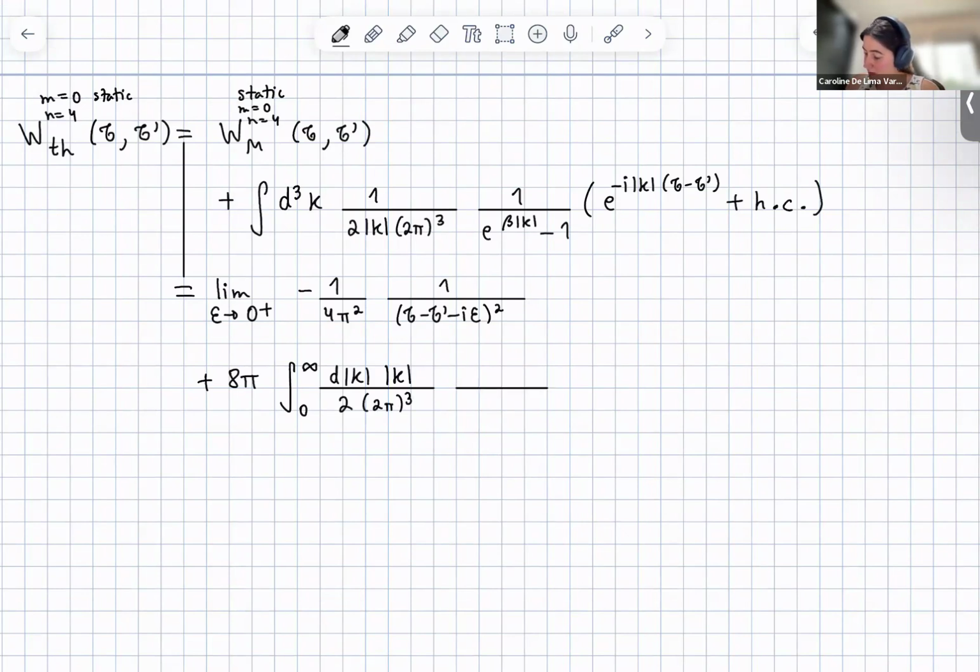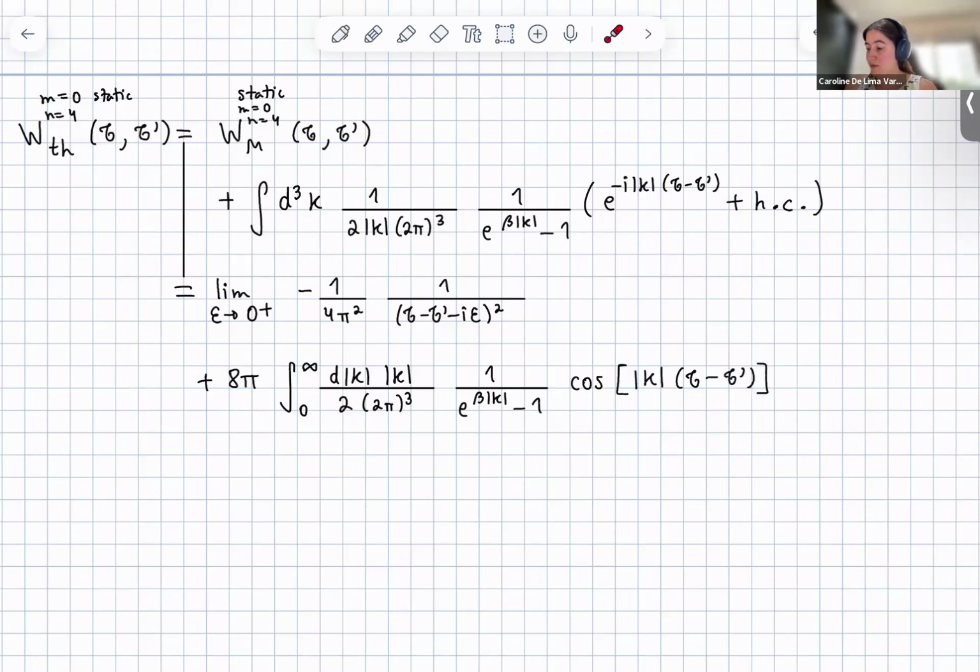And then we have the factor e to the beta k minus 1. And from this term here with the Hermitian conjugate, what we have is the cosine of k times tau minus tau prime.